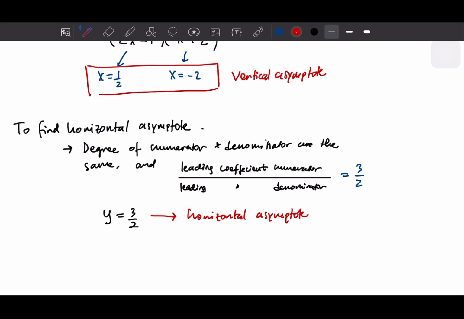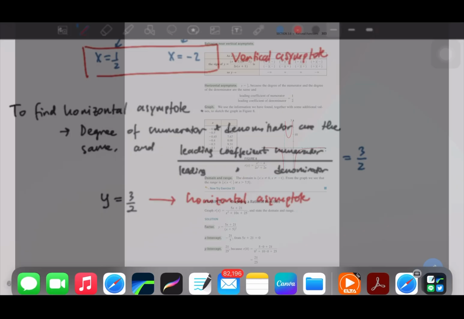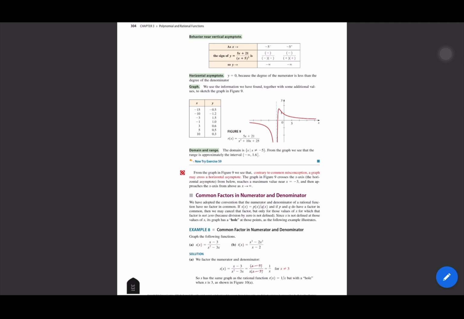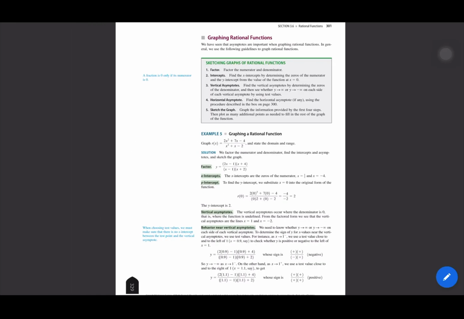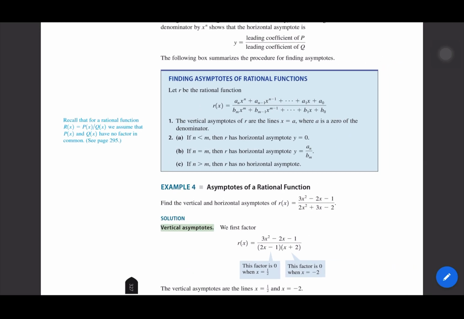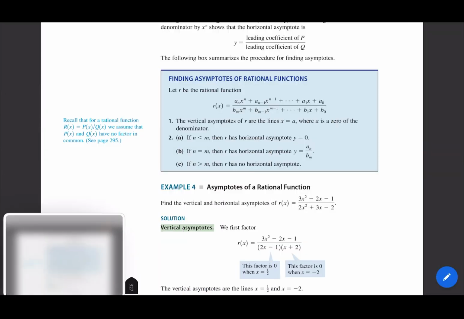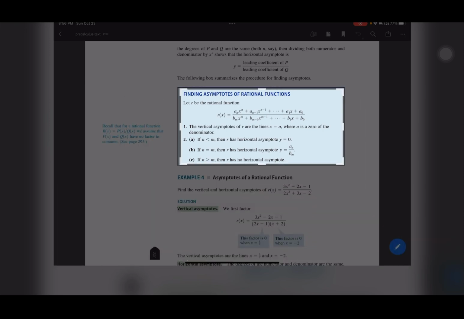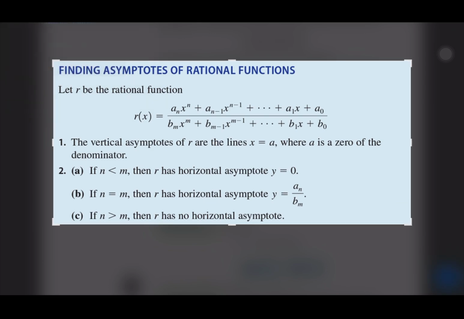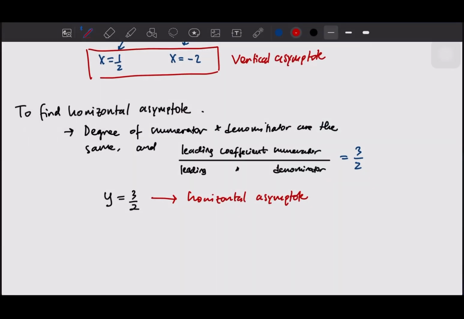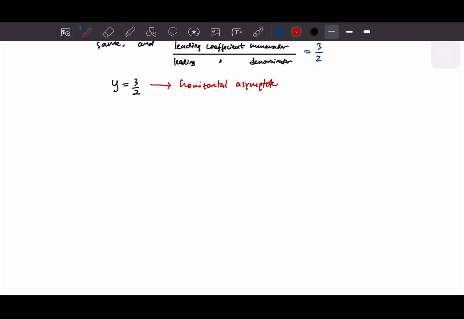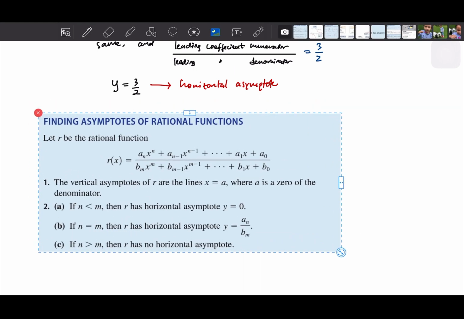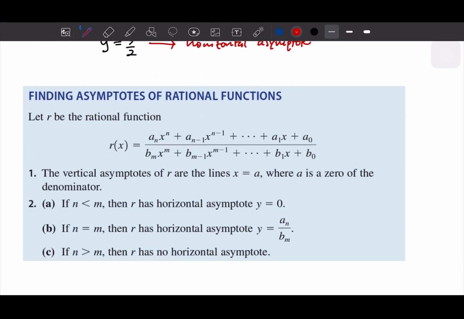Actually, we could see from the text. Let me just copy. This is how to find the asymptote for now for basic math.